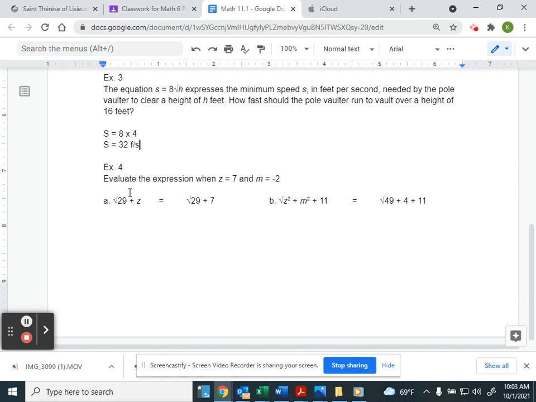Look at example 4. Evaluate the expression when Z equals 7 and M equals -2. So if we look, the square root of 29 plus Z, if we fill in that 7 for Z, it's the square root of 29 plus 7.